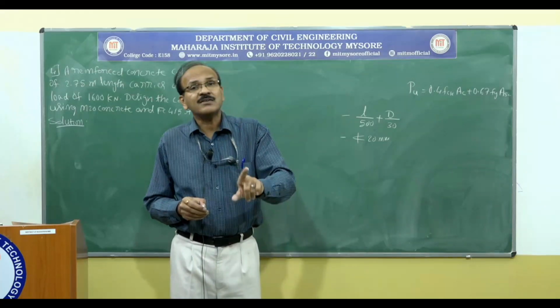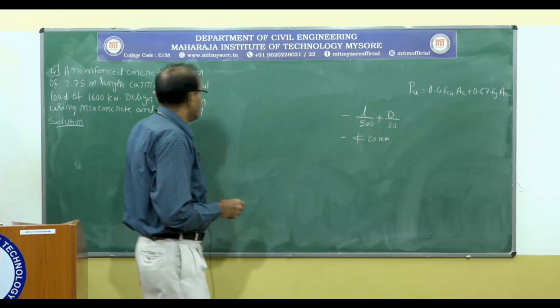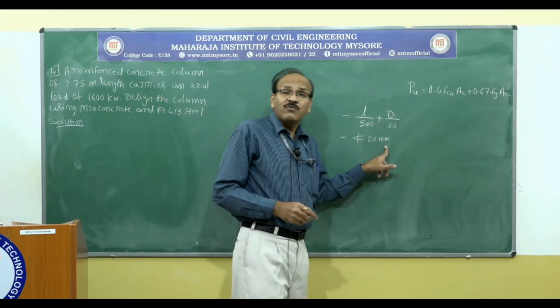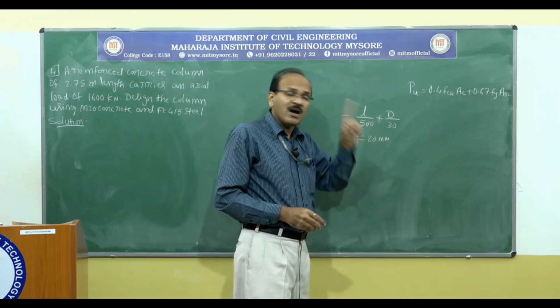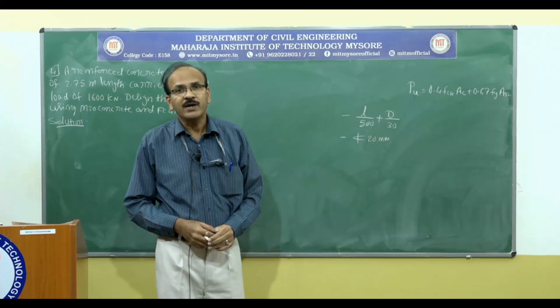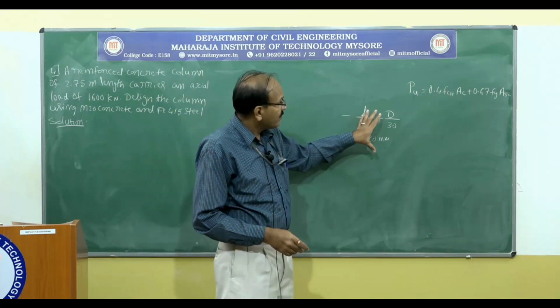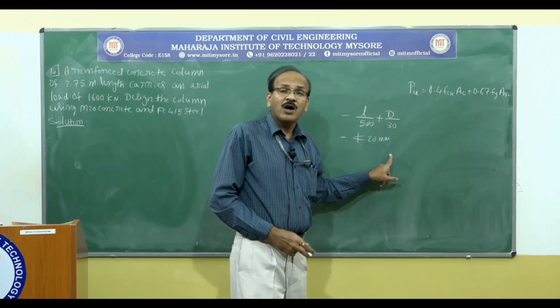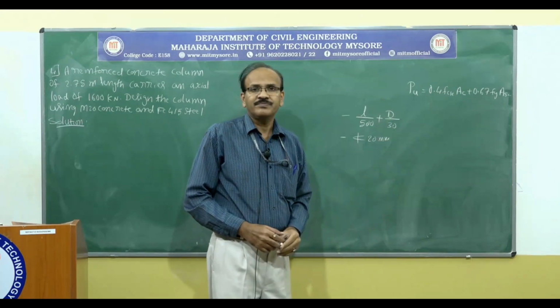So we have to design the column for a minimum eccentricity even though the load is pure axial. This is under 25.4 on page 42 of the code book.